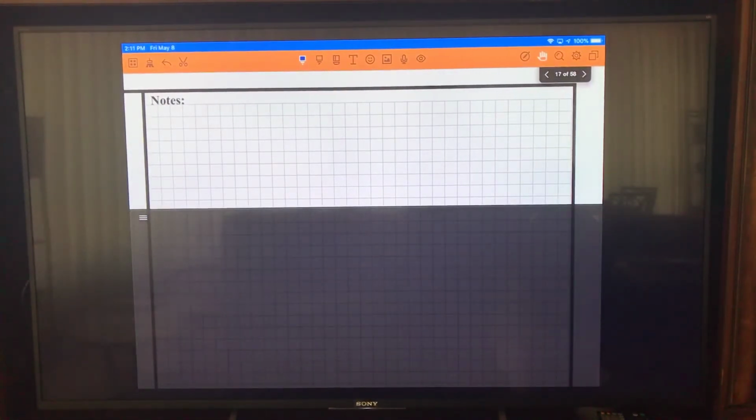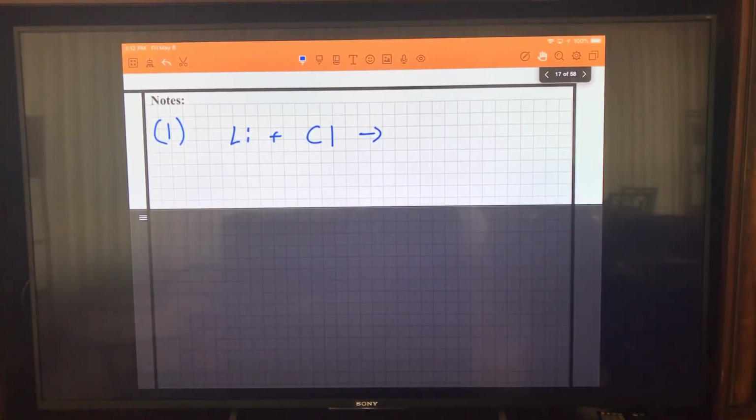Remember, when we do this, we are just going to take the two elements, lithium and chlorine, put a plus sign in between them, and draw the arrow. That's step 1. Step 2 says put the elements in the right order. Lithium is furthest to the left in the periodic table, so we're going to put it first, just like that. All right, step 3, check for diatomics.